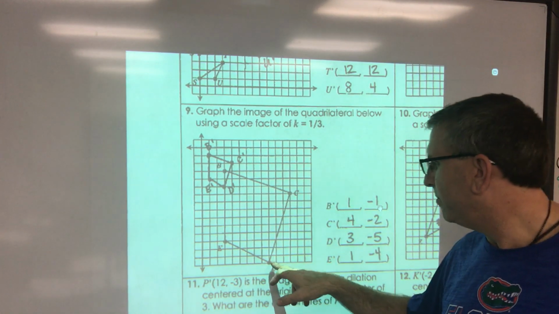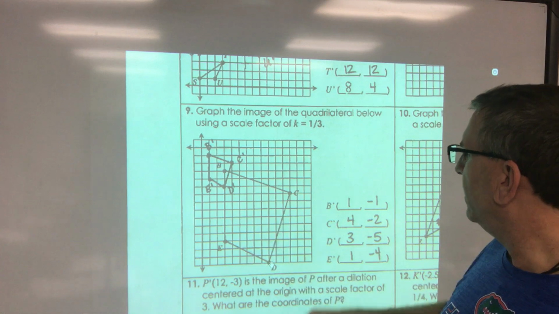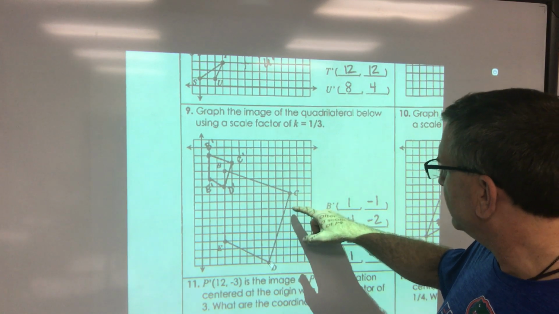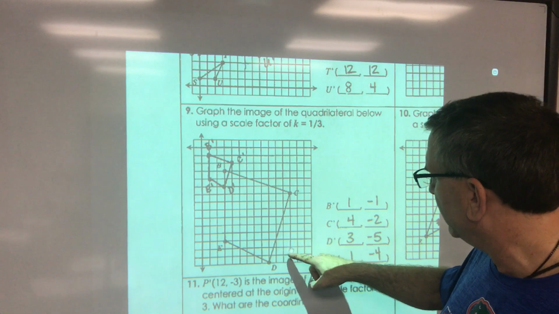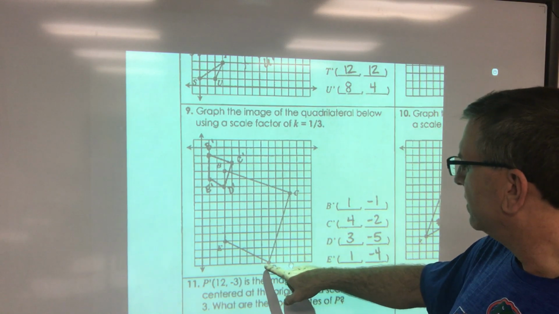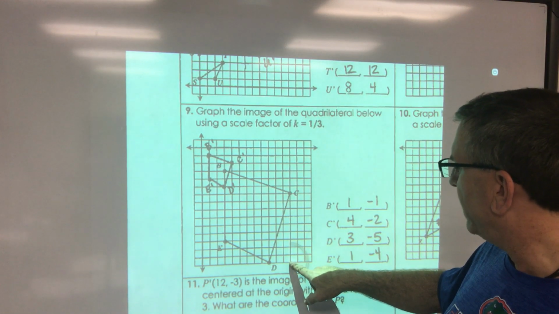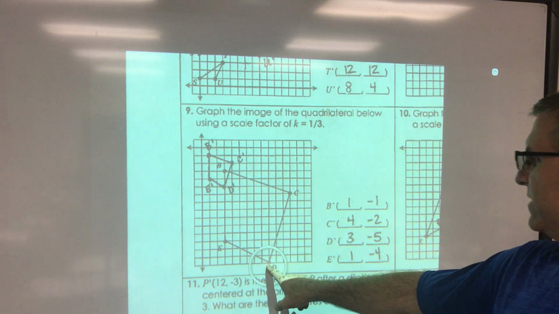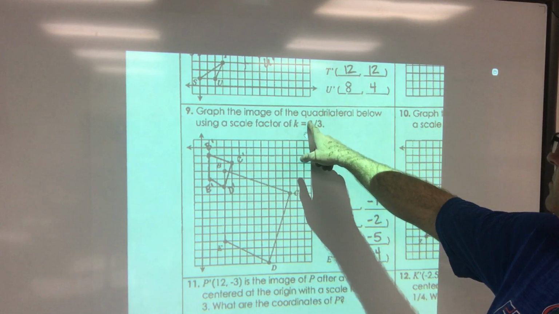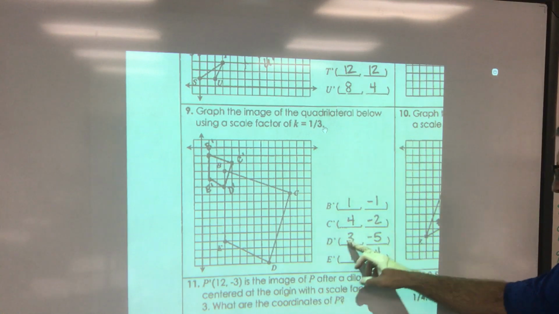Then part D. If I'm not mistaken, since this is 6, 7, 8, 9, 10, 11, 12, 13, 14, 15, and then I just go back 3, this should be at 9 and -15. 9 times 1 is 9, divided by 3 is 3.